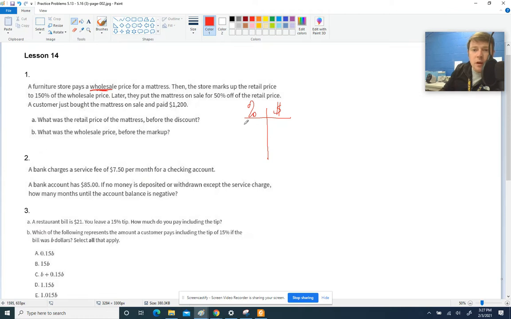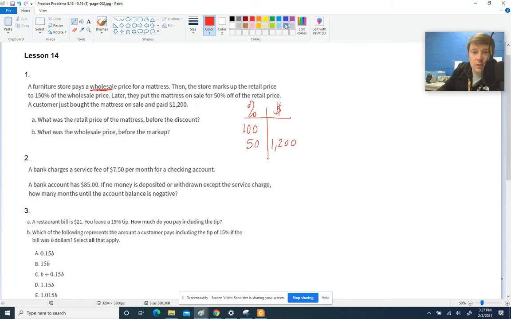The 100% in this particular case is what the customer would have paid full price if they'd bought it before the sale. But they bought it 50% off. So they bought it 50 lower than 100, which is 50, and they got it for 1,200, right? That's a pretty easy relationship to see. This is half.